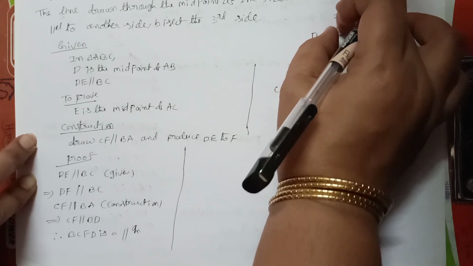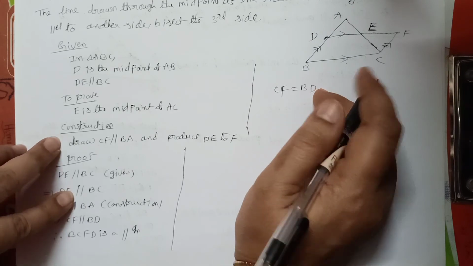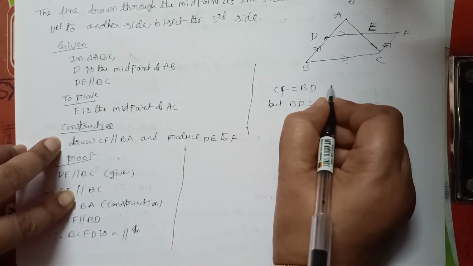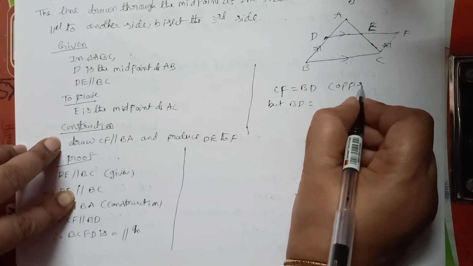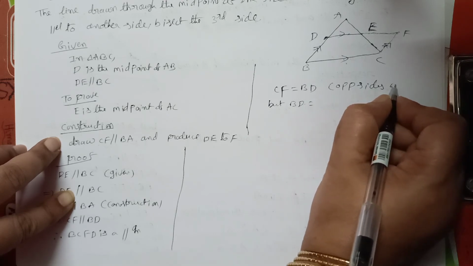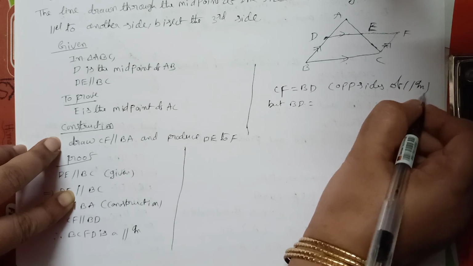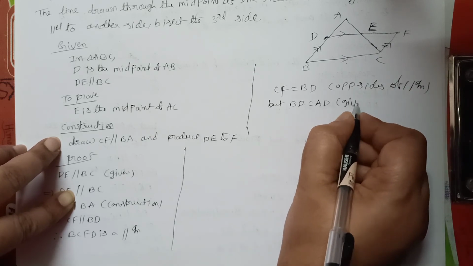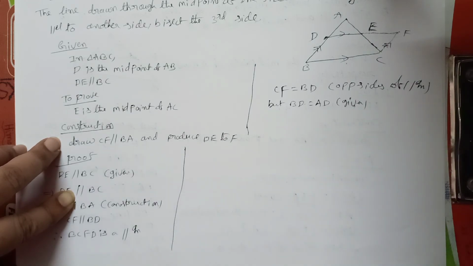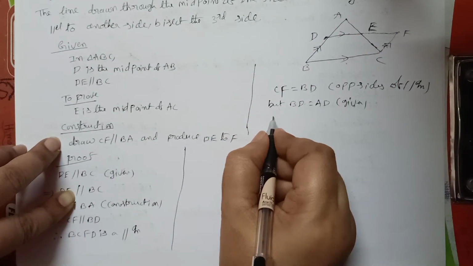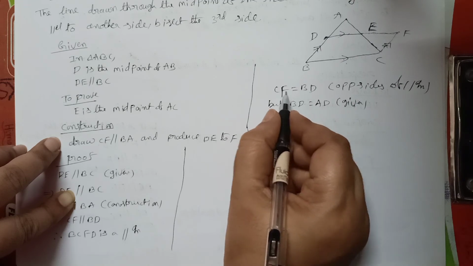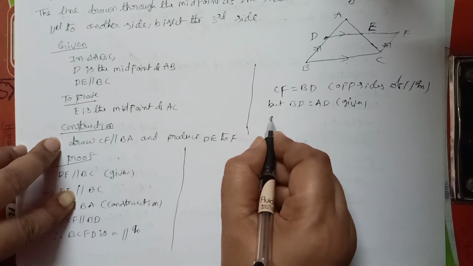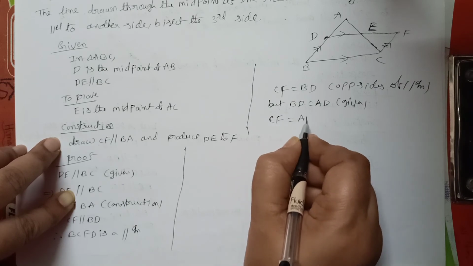But BD is equal to AD because D is the midpoint, given. Therefore, CF is equal to AD. So you can equate these two: CF is equal to AD.